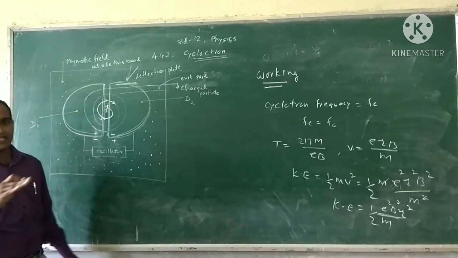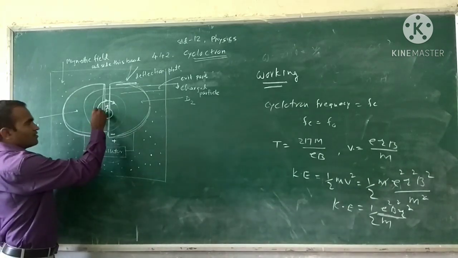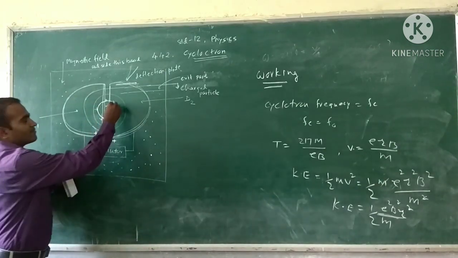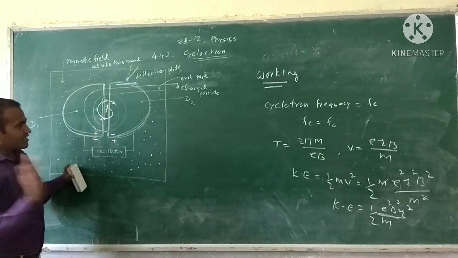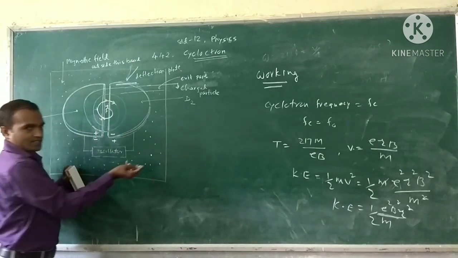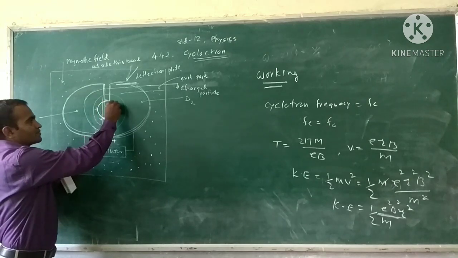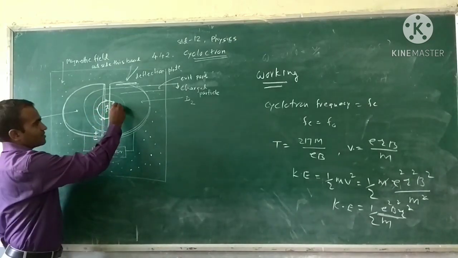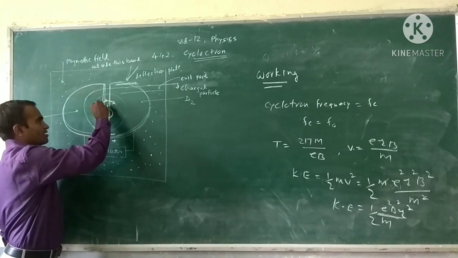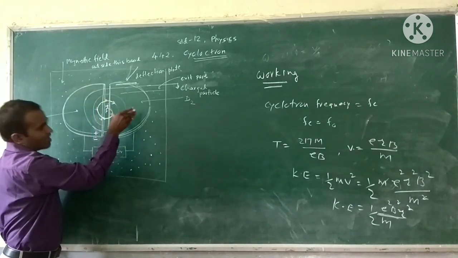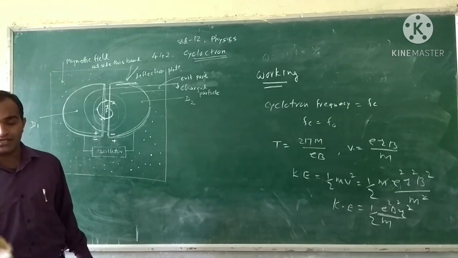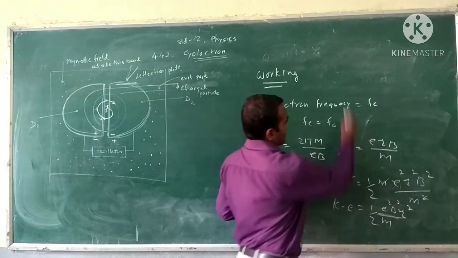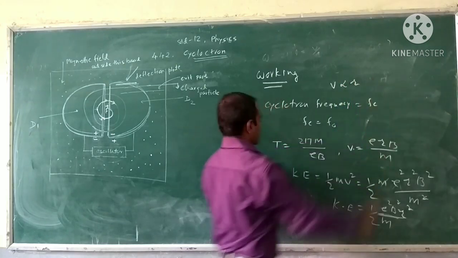Whatever its velocity was here, in the other disk its velocity will increase because of the attraction. And we know that velocity is proportional to radius.